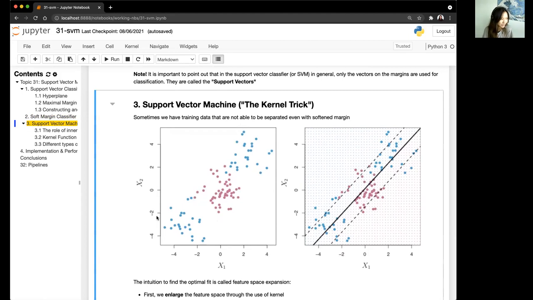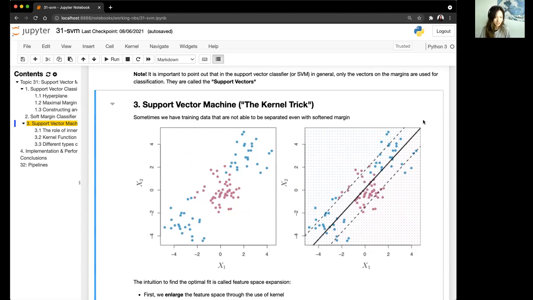If we had a decision tree, we can partition our data set to look something like this, and we'll be able to separate out our different classes. However, if we're just looking to construct a plane, this data is very, very hard for an SVM to separate without any additional enlarging of the feature space, which is what we're going to talk about.